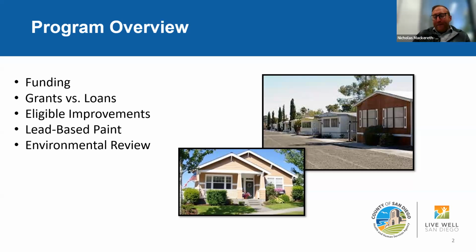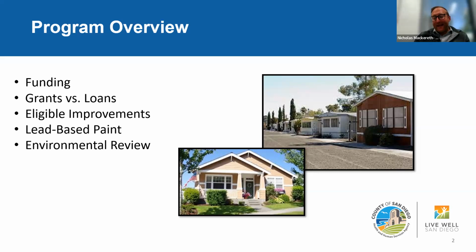Ineligible improvements include anything that is considered cosmetic. We won't do kitchen cabinets. We don't fix patios and decks, fences, and other remodeling and upgrade improvements. The county also requires and provides lead-based paint testing to all homes built before 1978.